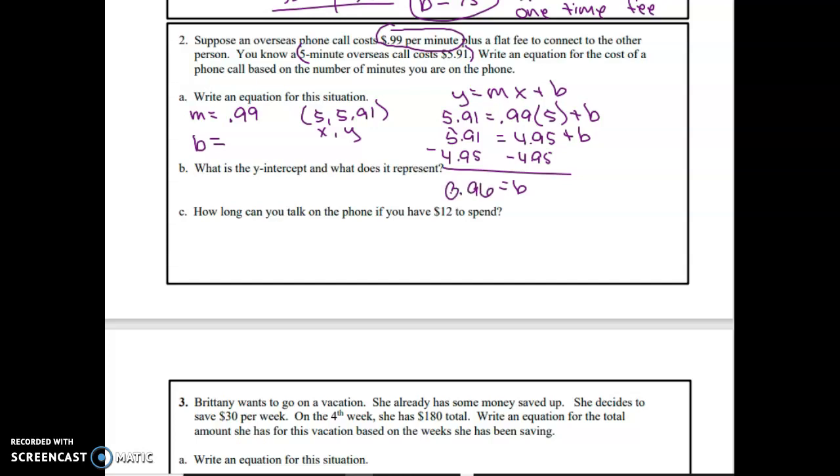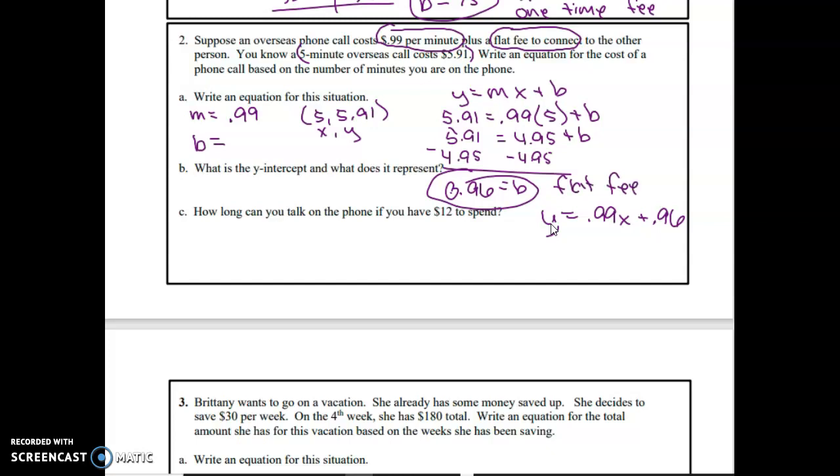Okay, it says write an equation, so I need to finish by putting it all in. y equals 0.99x plus 0.96. So what does the y-intercept represent? Right there it is, a flat fee. So B is 96 cents and represents the flat fee.